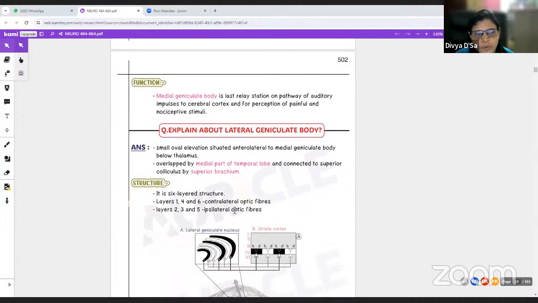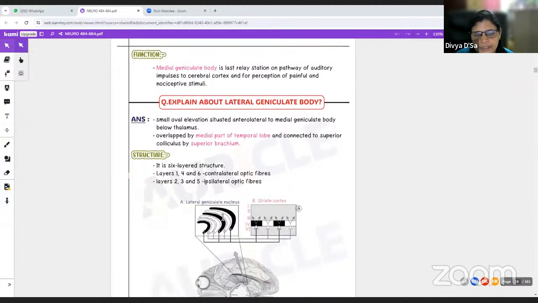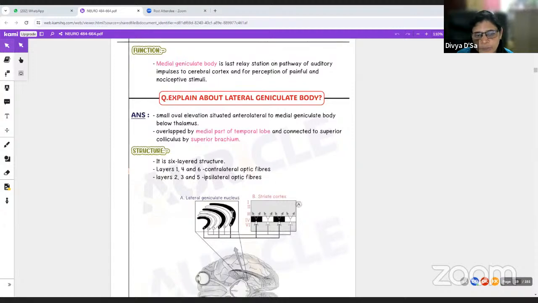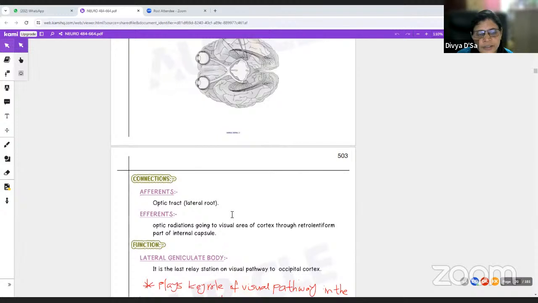Then the lateral geniculate body. It is a small oval elevation situated anterolateral to the medial geniculate body below the thalamus. It is overlapped by the medial part of the temporal lobe and connected to the superior colliculus by the superior brachium. This is a 6-layered structure. Layers 1, 4, and 6 receive contralateral optic fibers, whereas layers 2, 3, and 5 receive ipsilateral optic fibers, and they relay there.